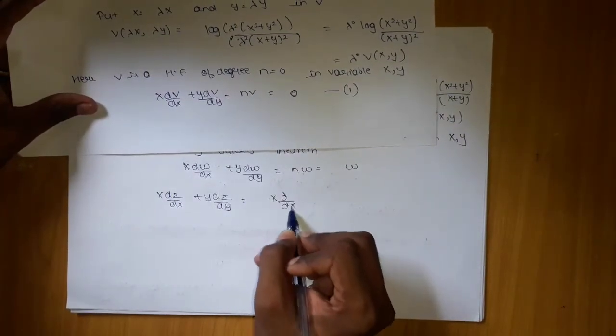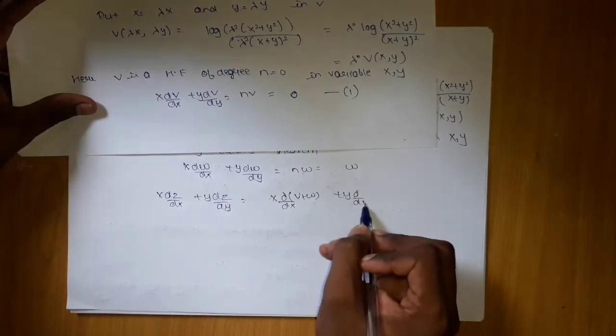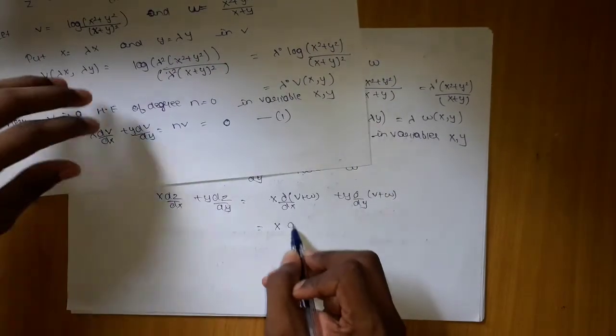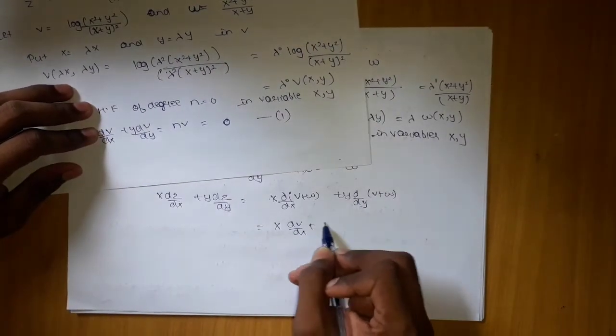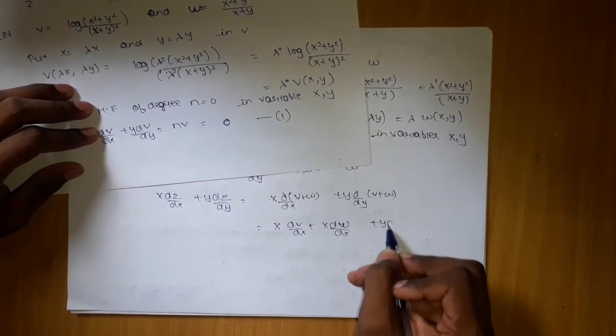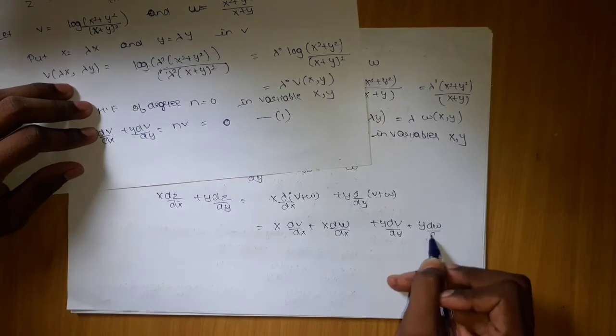So x dou by dou x of v plus w plus y dou by dou y of v plus w, which will be further simplified: x into dou v by dou x plus x into dou w by dou x plus y into dou v by dou y plus y into dou w by dou y.